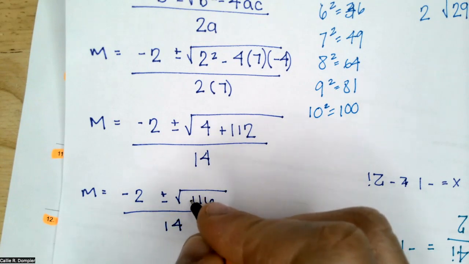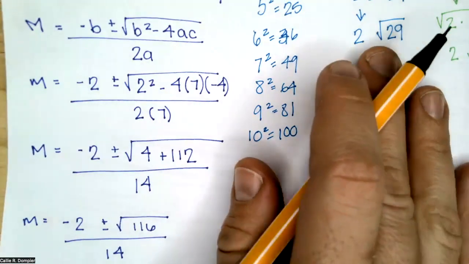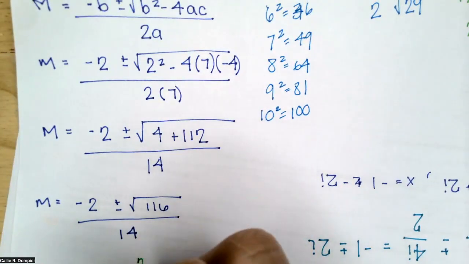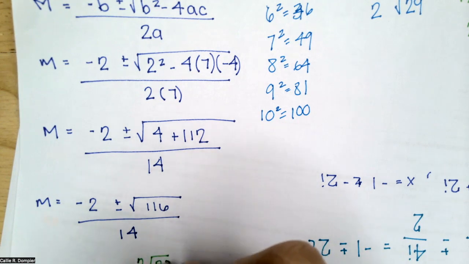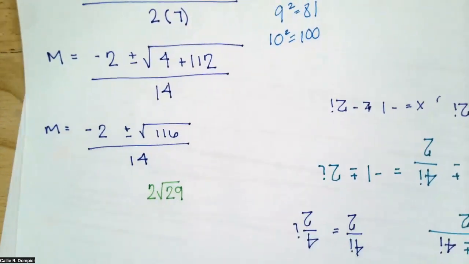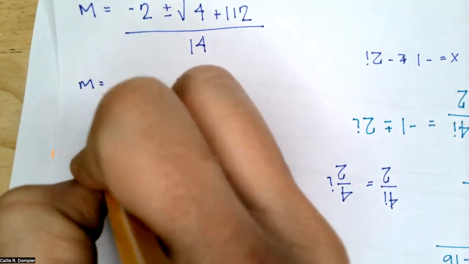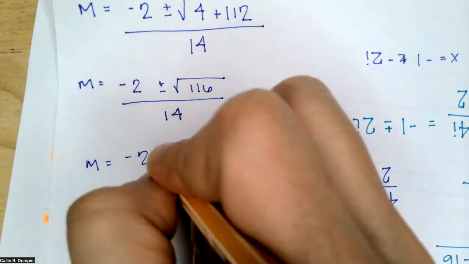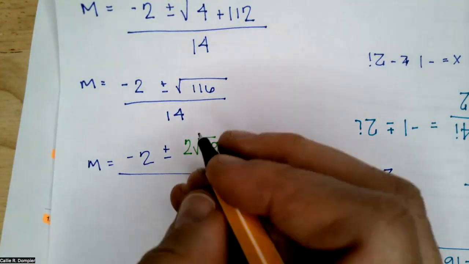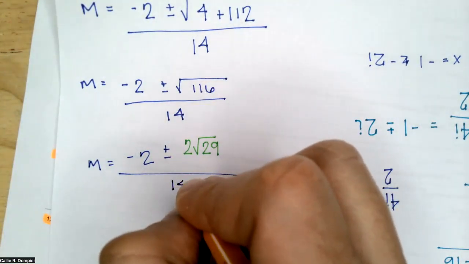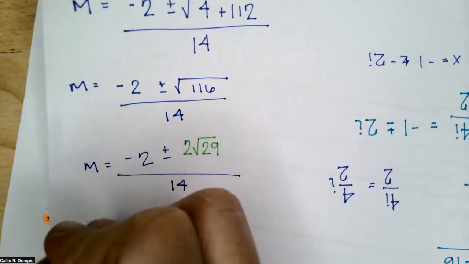Basically what happens is that the square root of 116 we decided is 2 square root 29. Good. So we're just replacing that. Everything else is the same. So we still have m equals -2 plus or minus 2 square root 29 over 14.